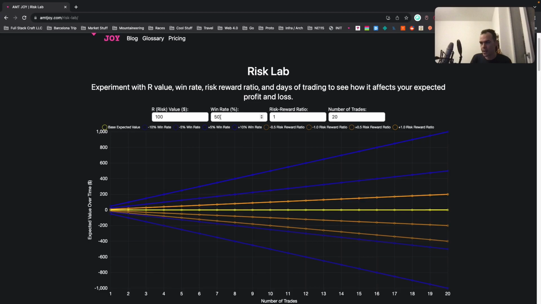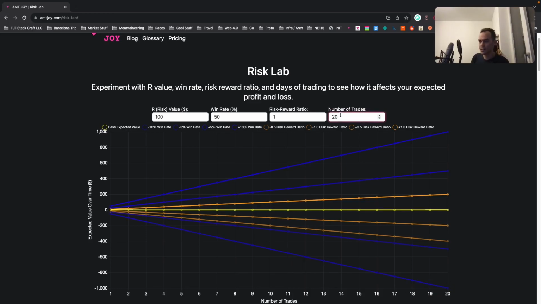Your win rate, which you can find after collecting data on trades, and most brokers and futures providers provide this data, and also risk reward depending on your historical trades, and then you can add the number of trades, right? So your base expected value is this yellow line, and then it'll show you, hey, if you did 10% worse win rate, this is your expected value after this many trades, right?